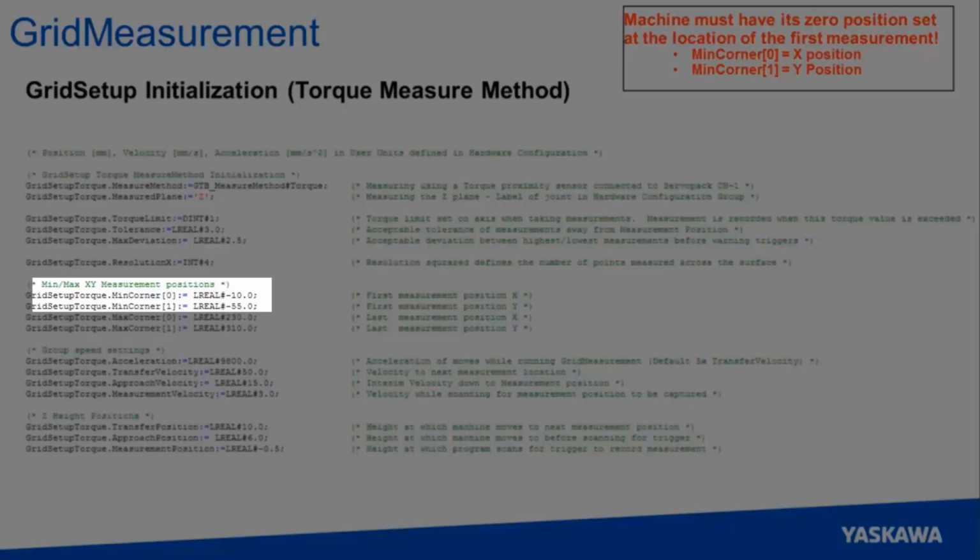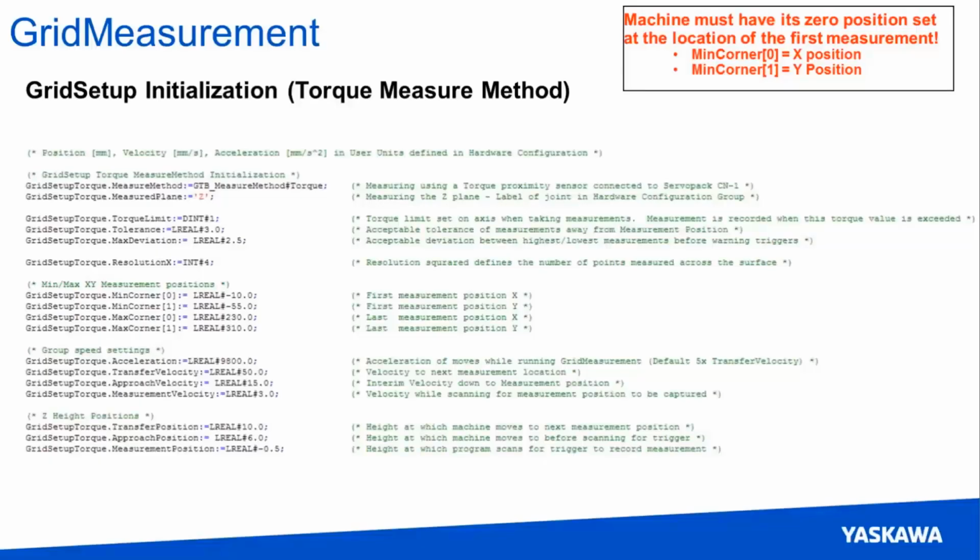That is because all of the data is normalized to the first measurement. So my measurement position is negative 0.5 as I expect to move into the bed. I would recommend having a tighter tolerance on torque measure method. I have a tolerance of 3.0, but I would recommend something tighter than that, maybe 0.5 to 1.